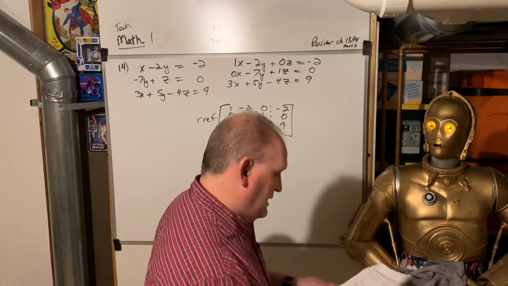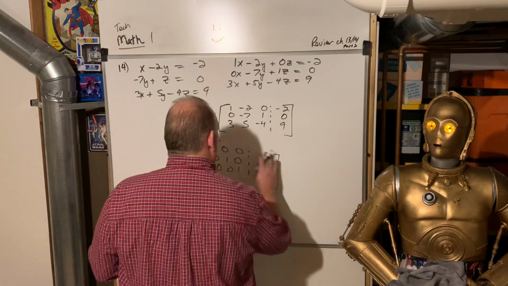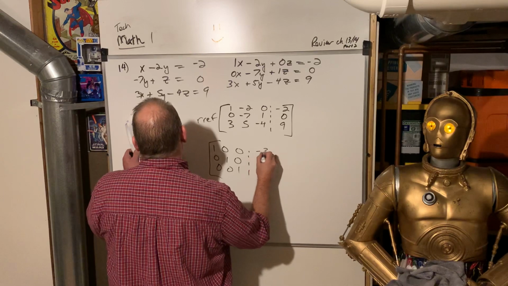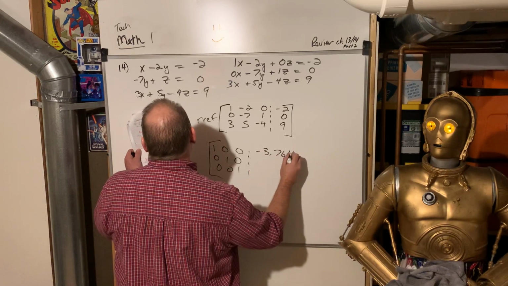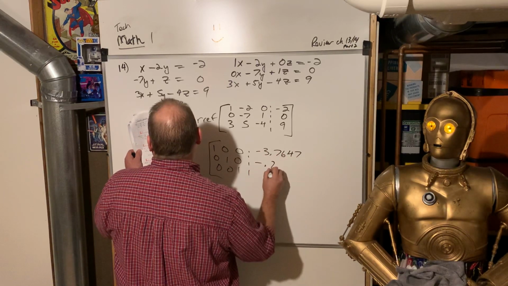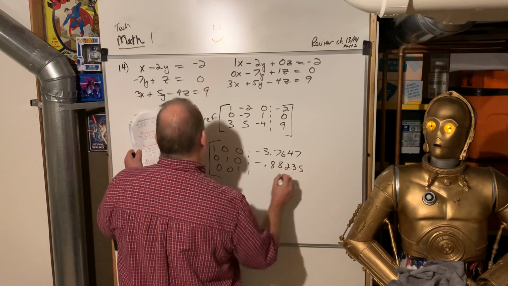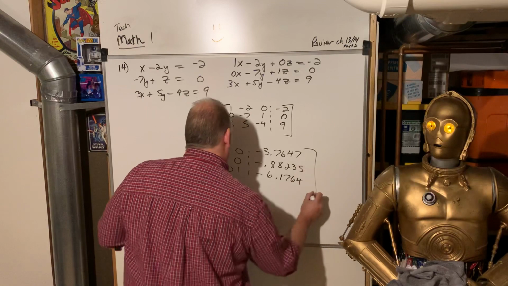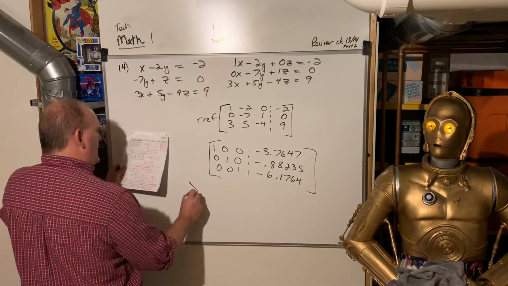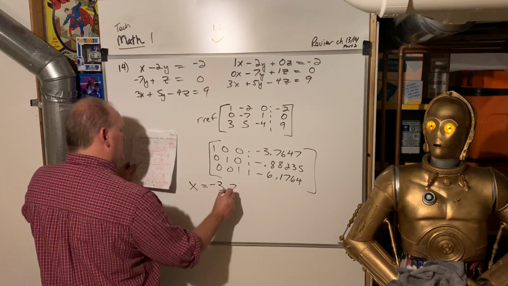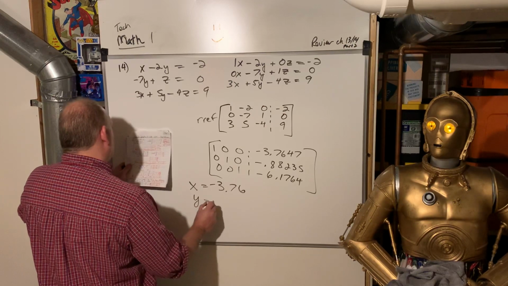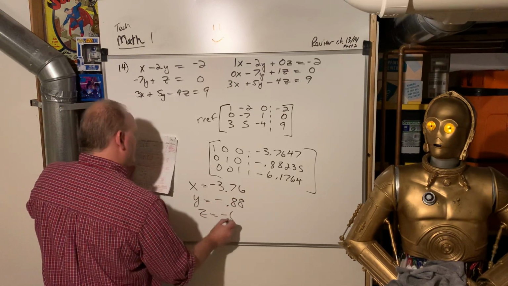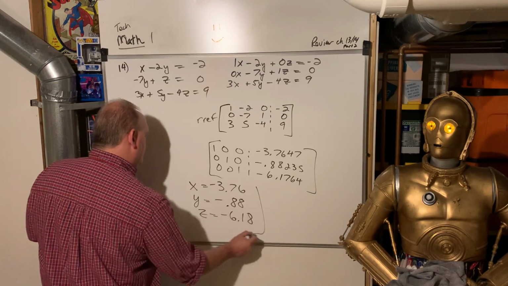And those are going to be kind of ugly answers also. I'll put them down, but I'll walk you through the sequence one more time on the calculator. -0.88235, -6.1764. Okay, and they want 2 decimal places, so x is equal to -3.76, y is equal to -0.88, and z is equal to -6.18.